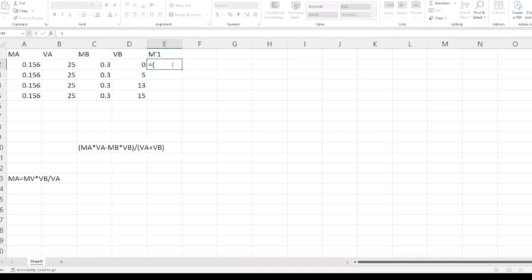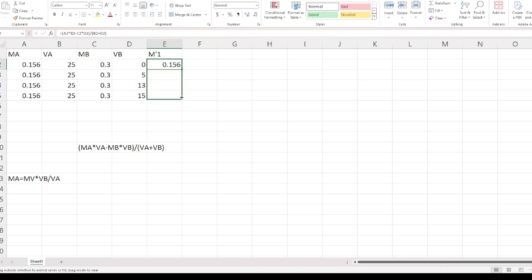Let's set that up. Equals, in parentheses, MaVa minus MbVb, all divided by Va plus Vb. The concentration, surprisingly, has not changed because I've added no base.